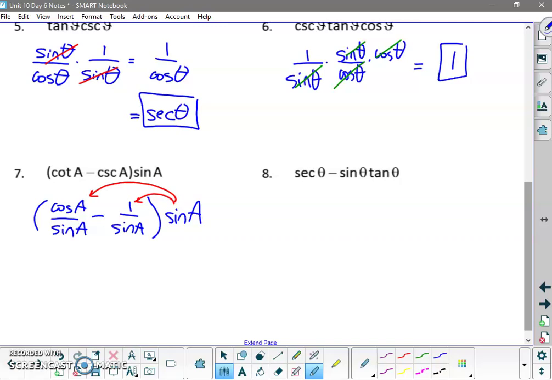Well, guess what's going to happen? When you distribute that, it will cancel with each denominator. So I'm going to be left with cosine A minus 1. And unfortunately, there is nothing I can do to simplify that anymore.